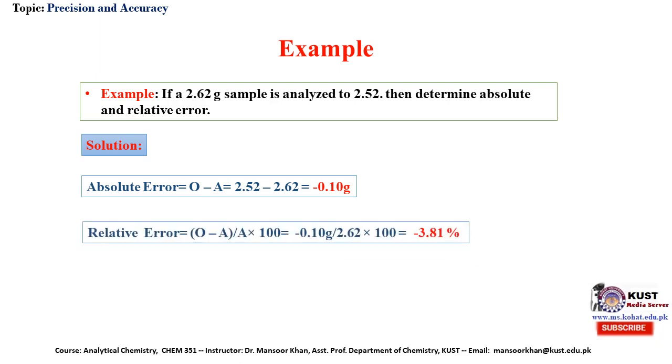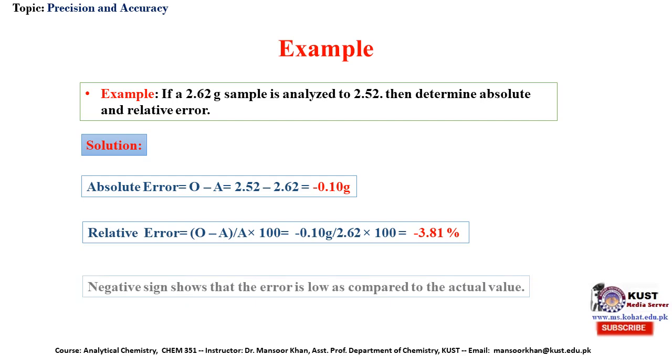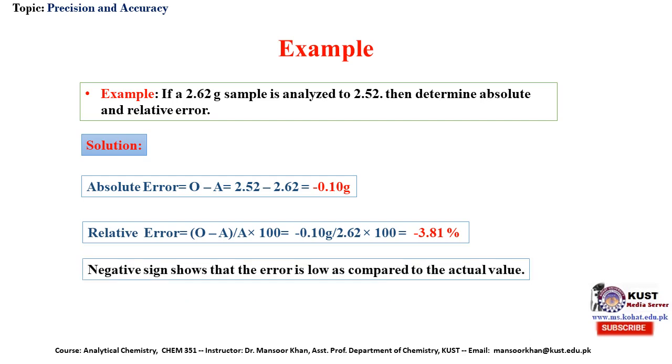On the other hand, the relative error is equal to absolute error divided by accepted value multiplied by 100. So we obtained a relative error equal to minus 3.81%. Here is an important note: the negative sign shows that the measured value is low as compared to the actual value.